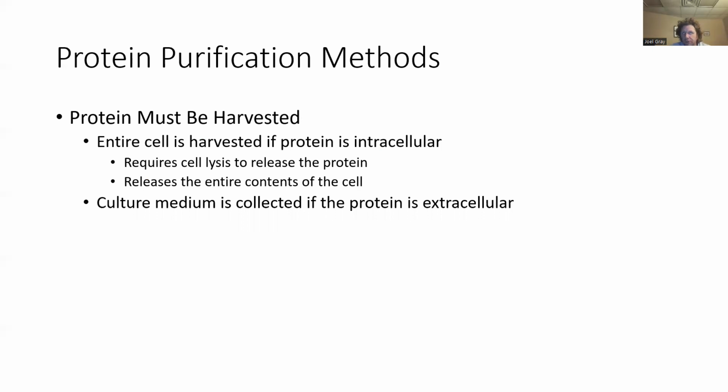Alternatively, there are some proteins that are extracellular, meaning that they are translated and then basically secreted from the cell. The culture medium is collected if the protein is an extracellular protein. So when you collect that, you don't have to worry about the cellular material at all. Instead, you just harvest the growth medium.